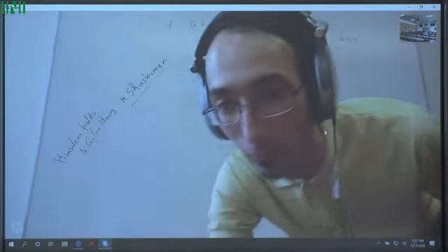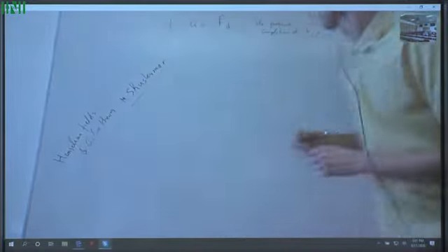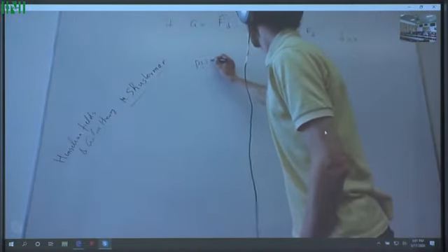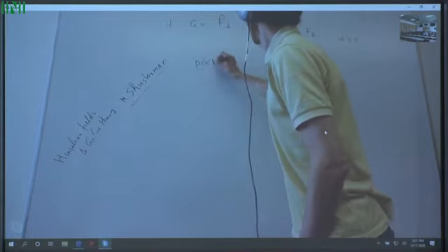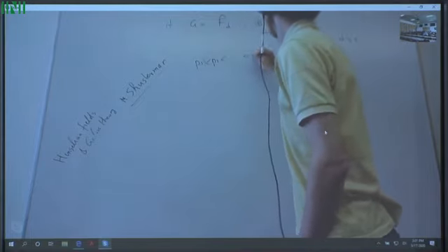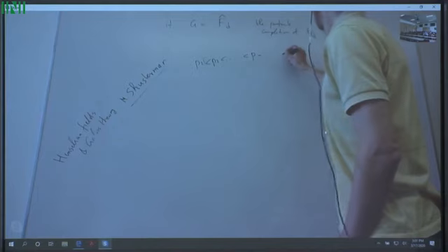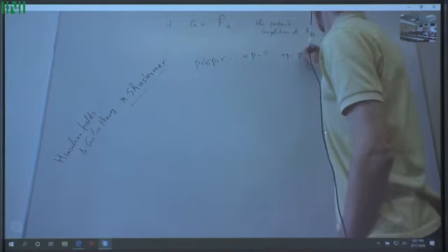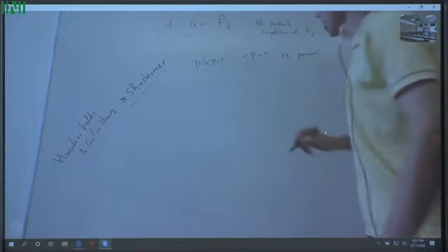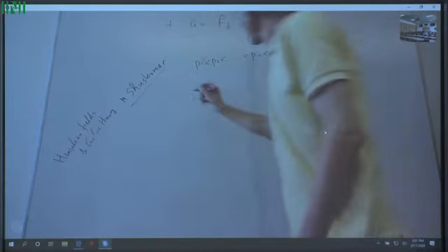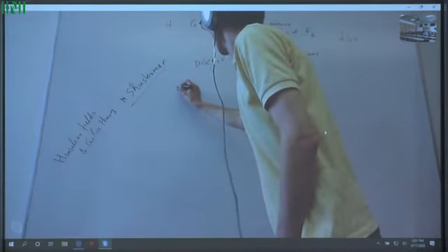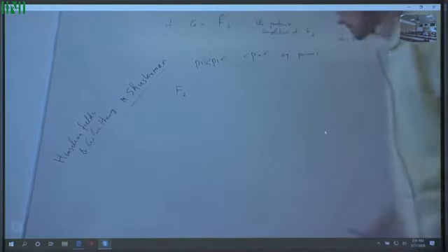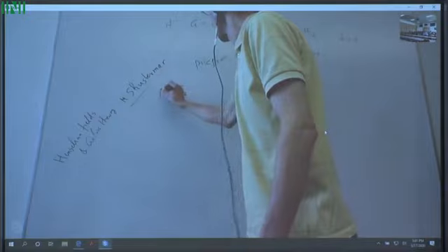Let me just look at the time. Okay, I'll do that. So we start with a sequence of primes. We choose an infinite sequence of primes, p1, p2, and make them distinct. Okay, and then we start with F2, the free group on two generators. So this is my gamma.